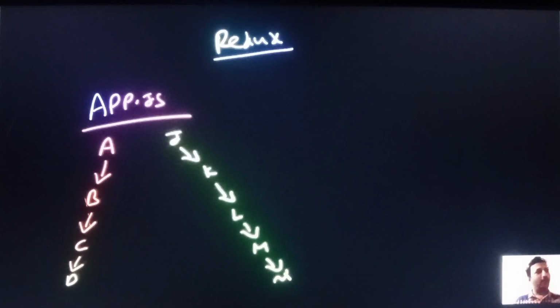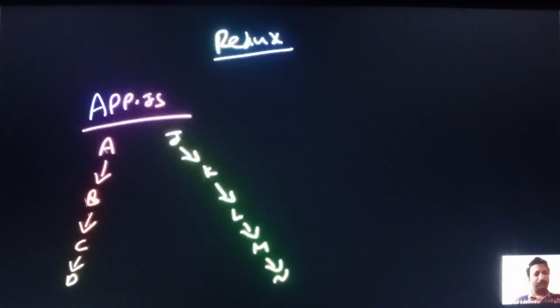Now the point is, I wanted to send some data from D to N. If I wanted to pass from A to D, for example, through props I can pass.